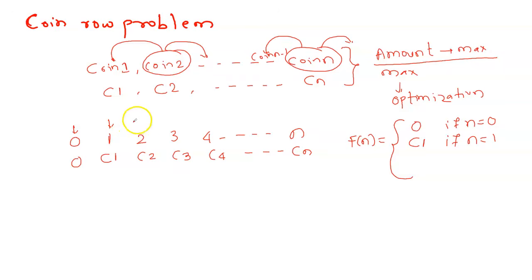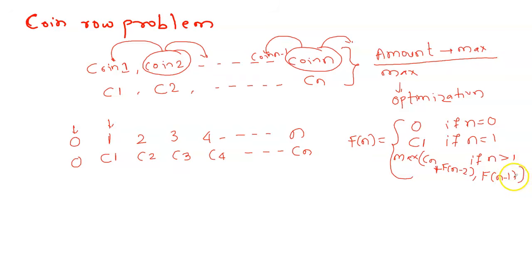Suppose n is greater than 1, then the recurrence relation becomes the max of Cn plus f of n minus 2, comma f of n minus 1.